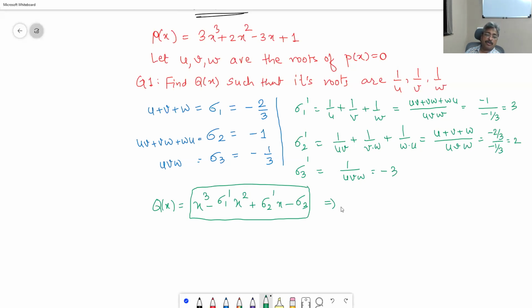Hence, the required polynomial is x cube minus 3x square plus 2x plus 1. That is the q of x required. This is how you go about it. One way, the first method.